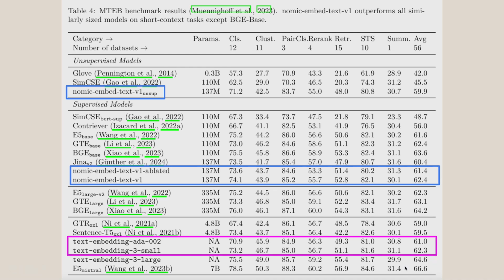And it's competitive to the 7 billion parameter E5 Mistral, and it beats out the 4.8 billion parameter models that are listed here. So super, super impressive, a 100 million parameter class model, really punching over its weight.